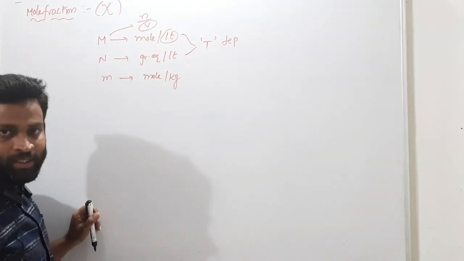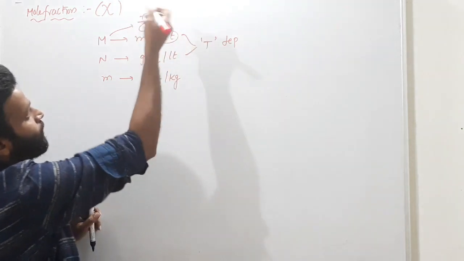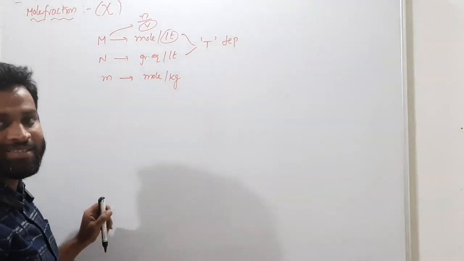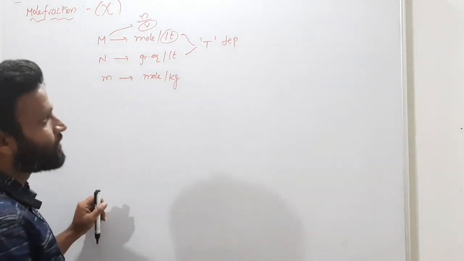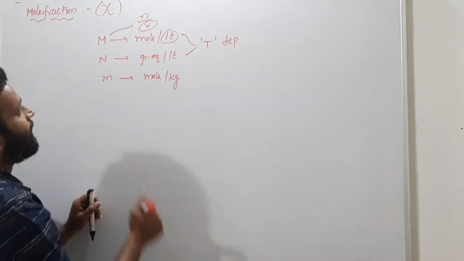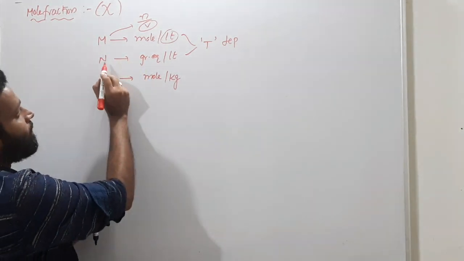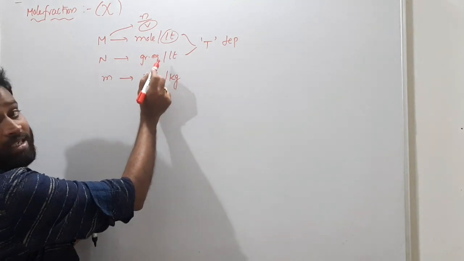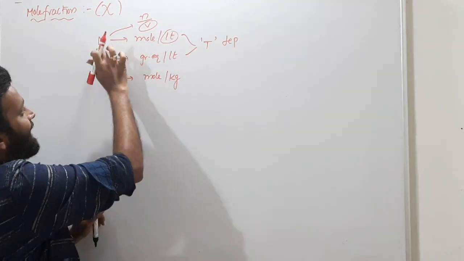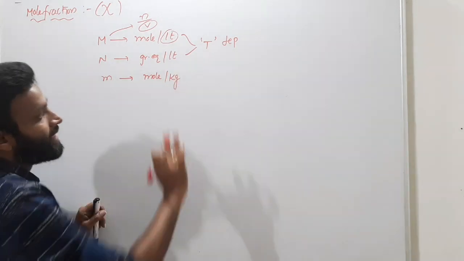If temperature changes, volume will change. If temperature increases, volume increases. Certainly molarity and normality will change, because in normality also the number of gram equivalents is divided by volume. So molarity and normality are temperature dependent.